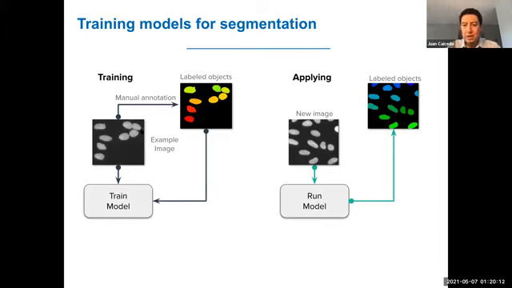And then hopefully during the test cases, they only have to run the model in order to generate a segmentation map of the image that we provide as input. And notice that here we don't make specific assumptions about the model that the competitors can use. They can choose any architecture or machine learning model that they want, or even classical segmentation if that works as well.